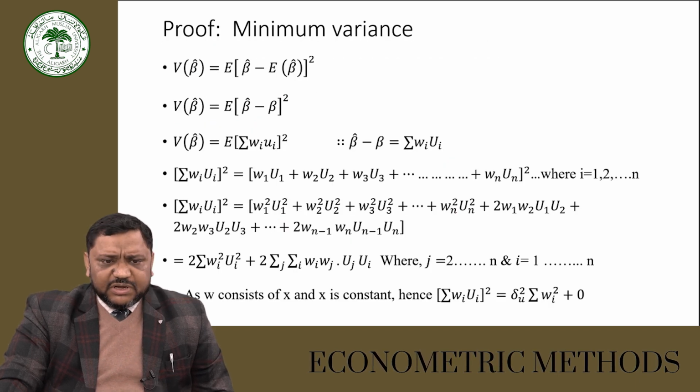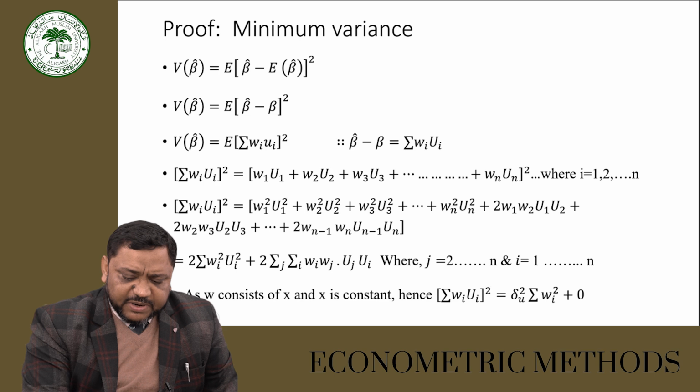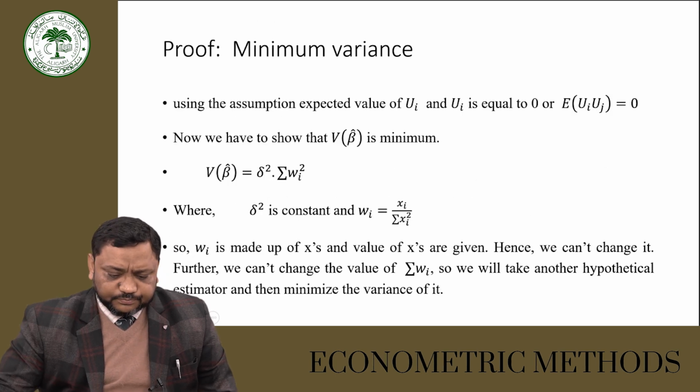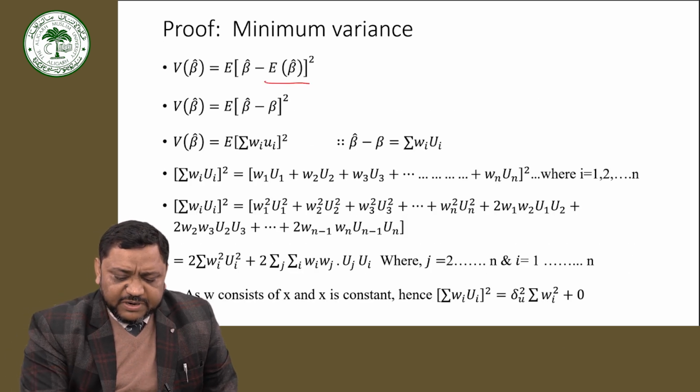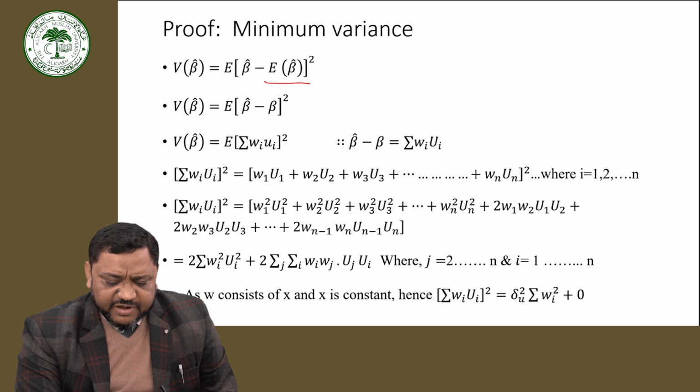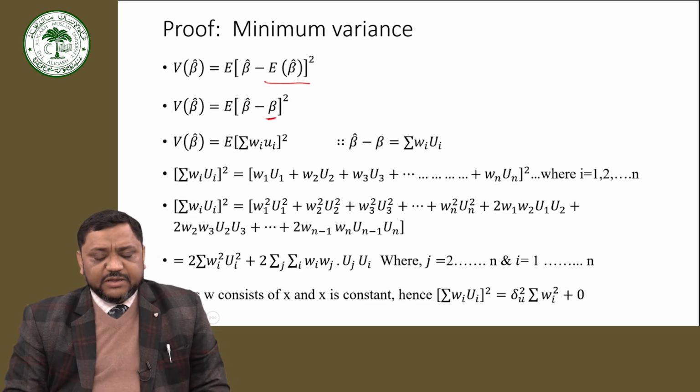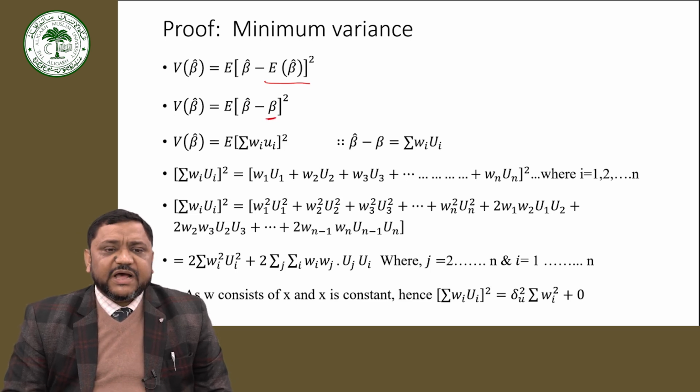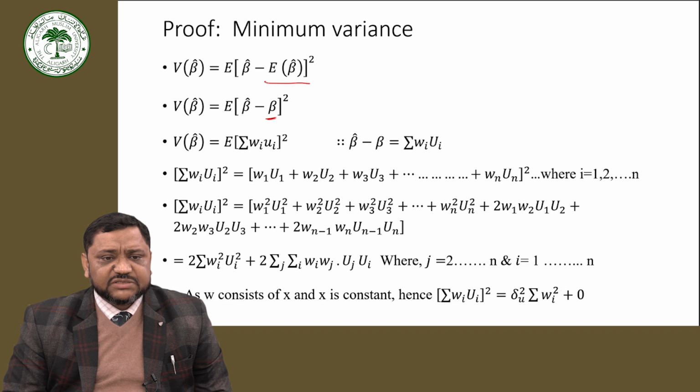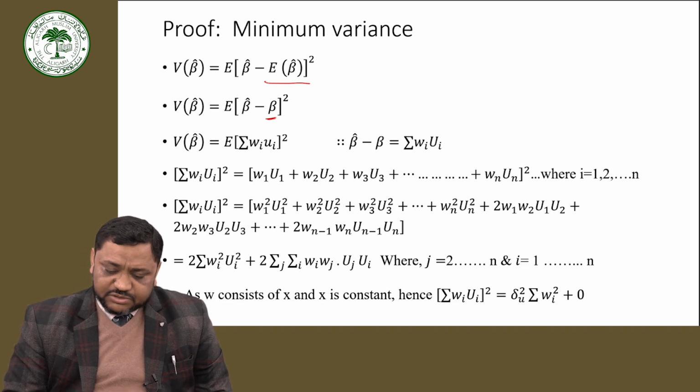So in place of the expected value of beta hat, we are simply writing beta. So the variance of beta hat can now be written as the expected value of beta hat minus beta, square.